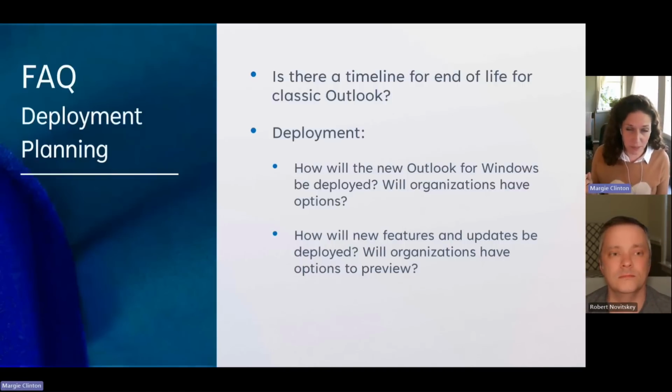One of the other top things that customers are looking for is, will the ability to preview be available? This is one of the top. We're looking at this right now. We know that customers are accustomed to the monthly enterprise channel and SAC, which is the semi-annual option.